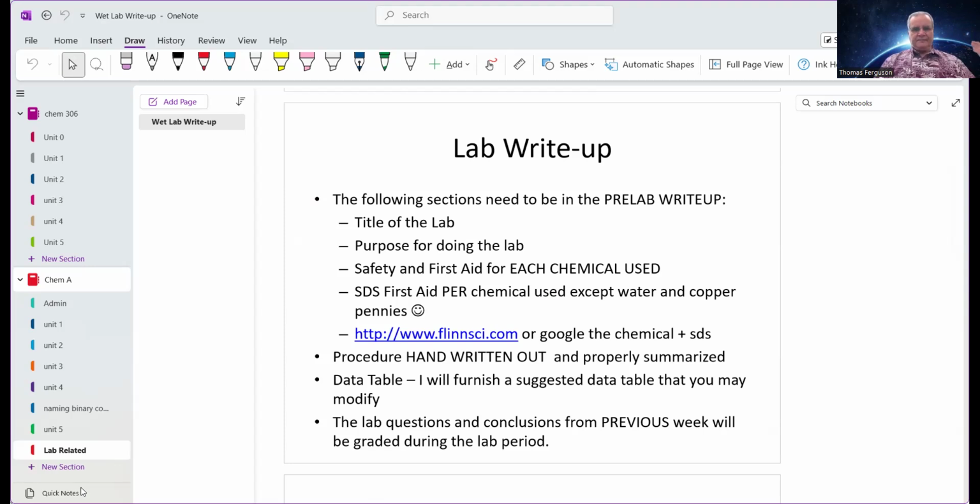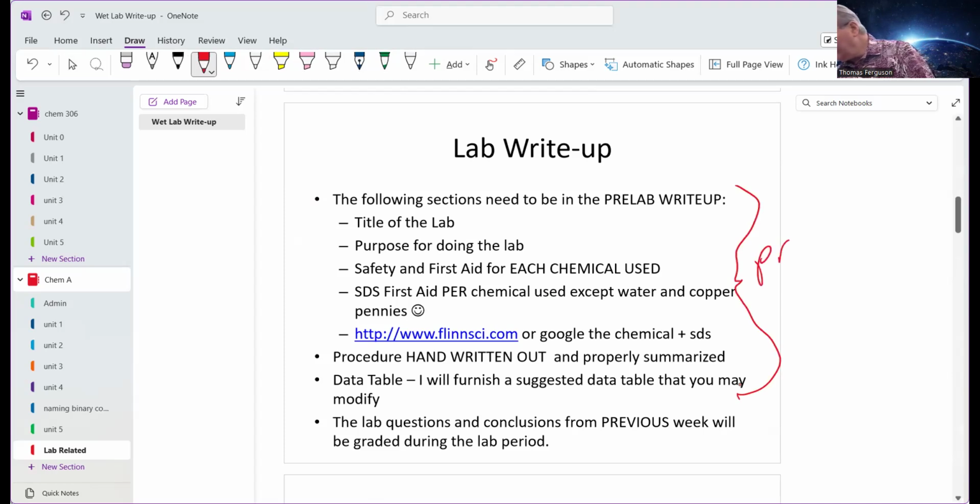These are the parts of the lab write-up for the pre-lab. So those are the parts in a pre-lab. First, the title of the lab.